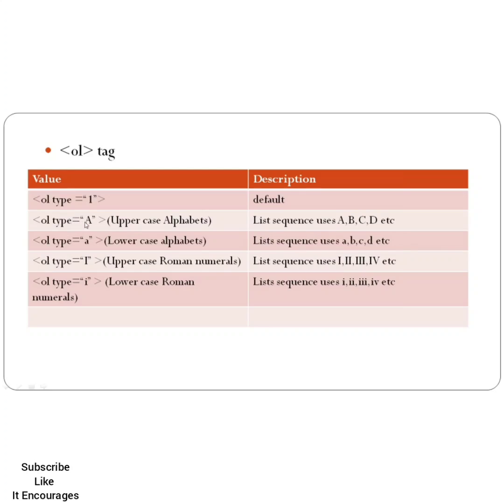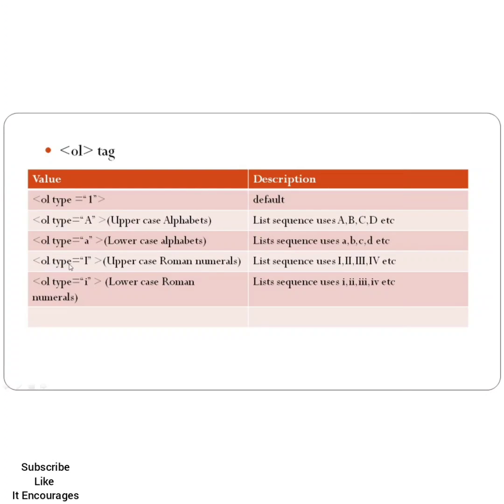In case we specify the OL type as uppercase A, then it will start listing the sequence using A, B, C, D. In case we specify the type in small a, then it will start listing the sequence in small alphabets, that is a, b, c, d. Now this sequence will go on as many times as the LI tag is being specified.